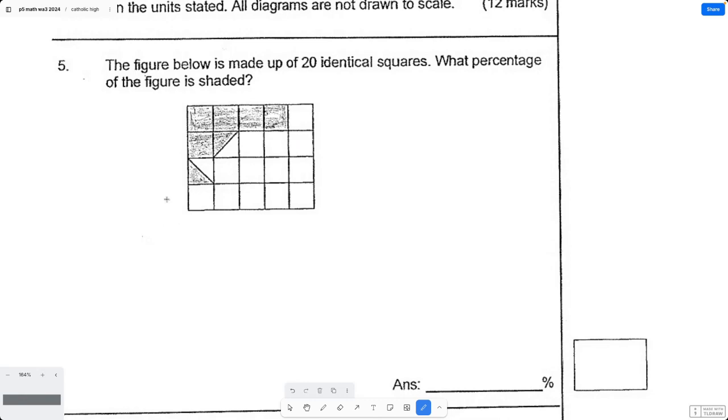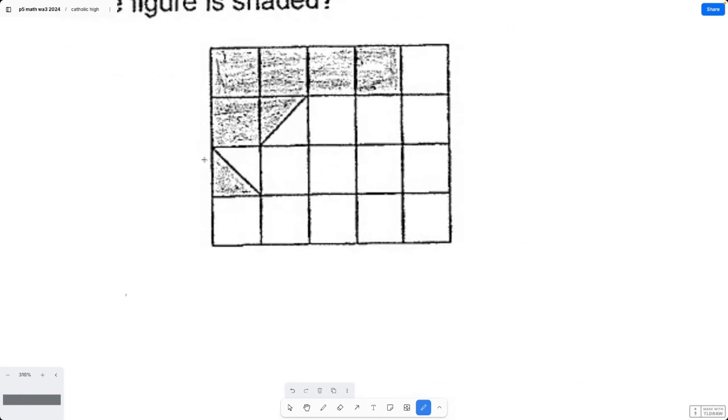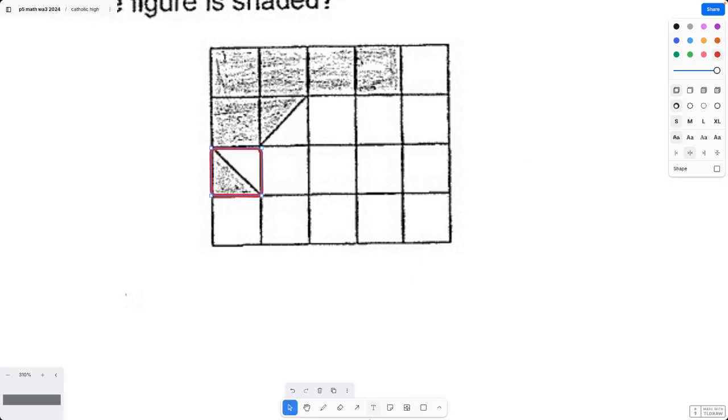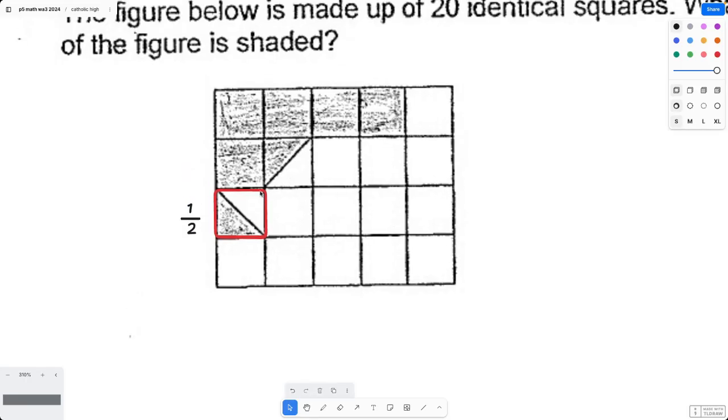So in essence, over here, if I were to just highlight this rectangle, let me put this in red. What this means is basically half, so one half. This is half, and then we have this as well. Let me put in a different color, blue.